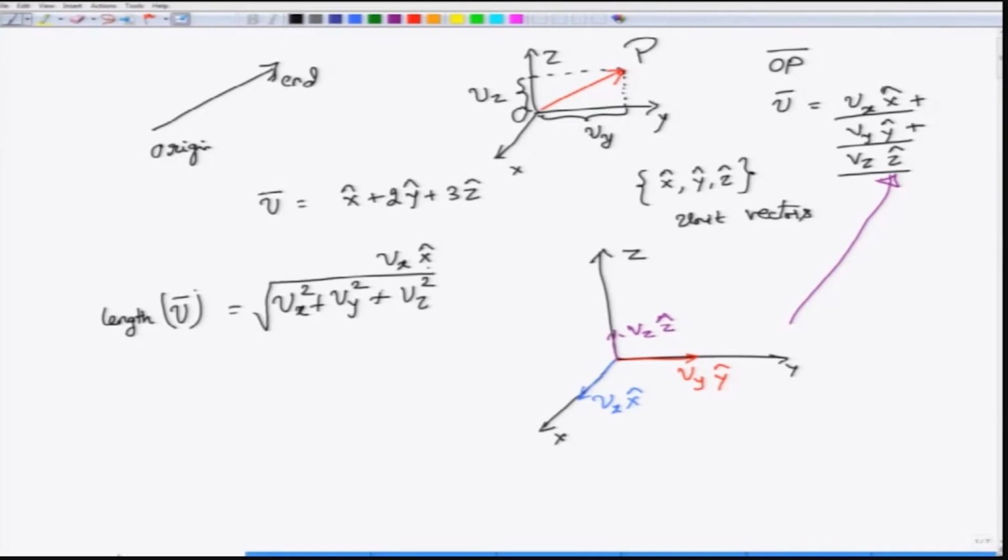The square of the length itself will be simply Vx square plus Vy square plus Vz square. We are also familiar with the concept of a null vector. A null vector will have 0 length along the x axis, 0 length along the y axis and 0 length along the z axis. Its length will also be equal to 0. So, these are all some concepts that we know of vectors.